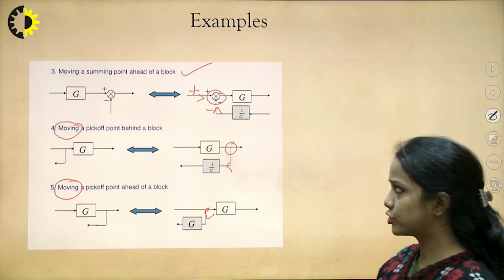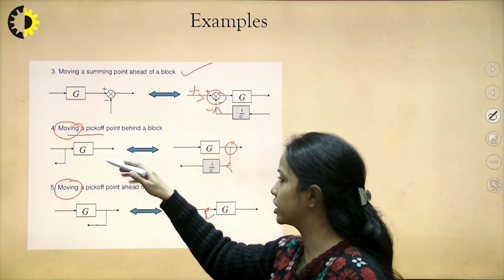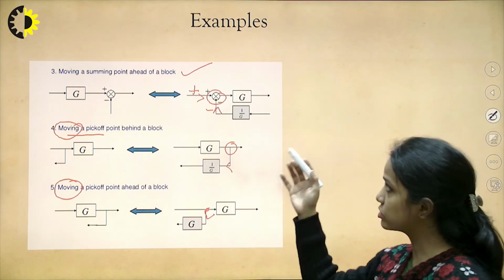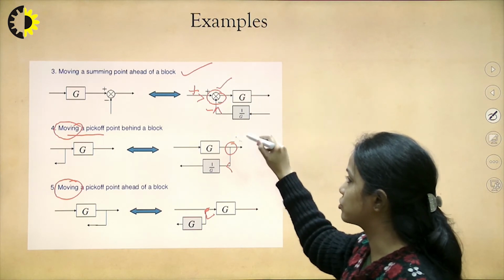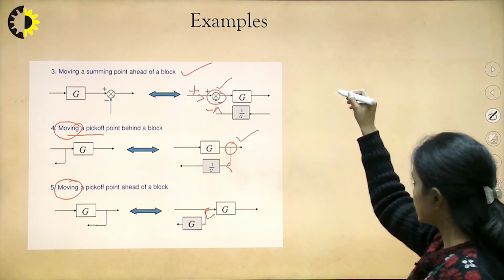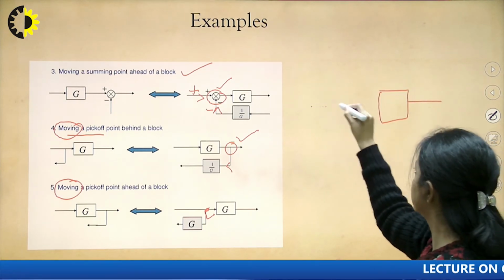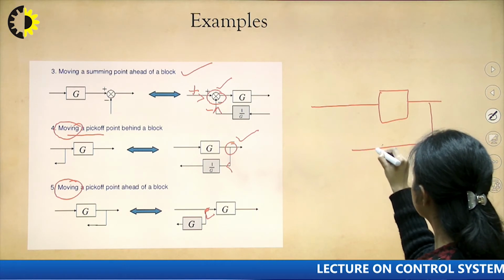We will study later how we move the pick off point before and after a gain term, just to see when we have to use a summing point and when we have to use a takeoff point. So, let us consider two examples.